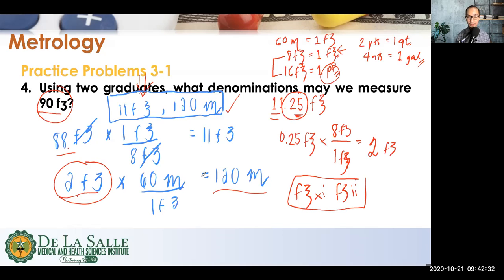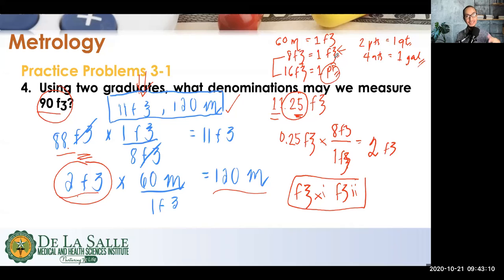Okay. Ayan. So, the reason why we chose 88 fluid drams, kasi nga, what we did is that we identified ano ba yung next na larger denomination. So remember when we say denomination, these are multiples or subdivisions in a system of measurement. For example, you have centimeter, kilometer, inch, foot, and yard.